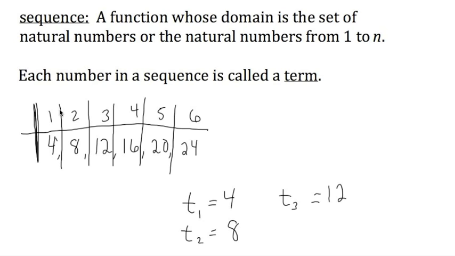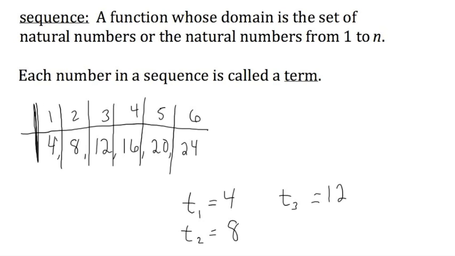We could put in a 1.5 between the 4 and the 8 and define that value. If we're talking about a sequence, that value is not defined. We can only talk about numbers where the input value is a whole counting number. We're just counting each individual term, the first term, the second term, the third term, etc.